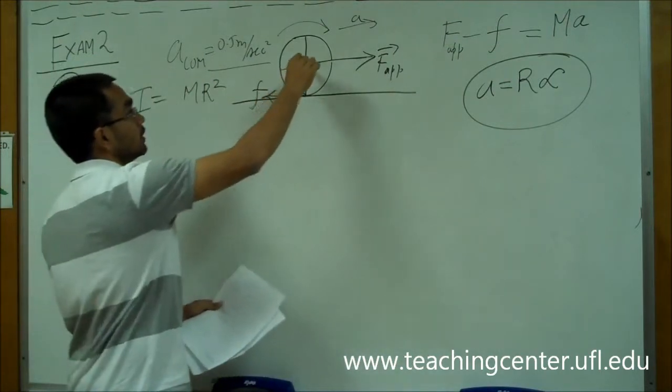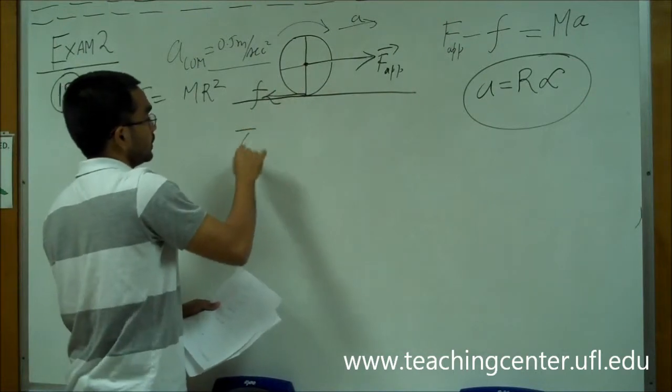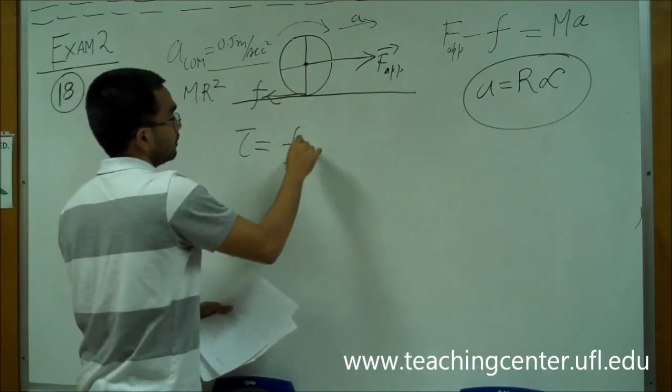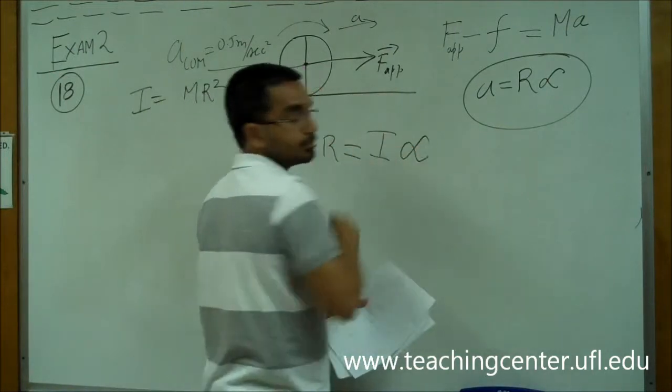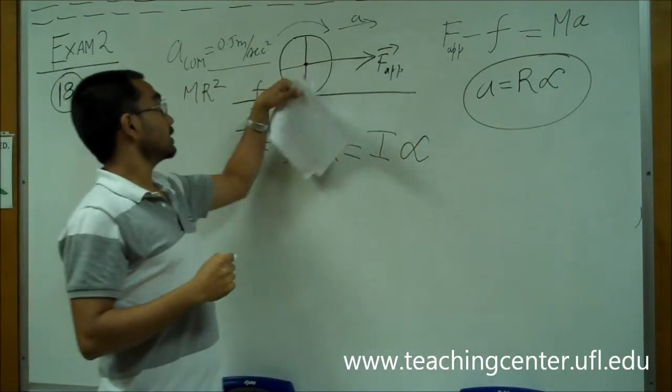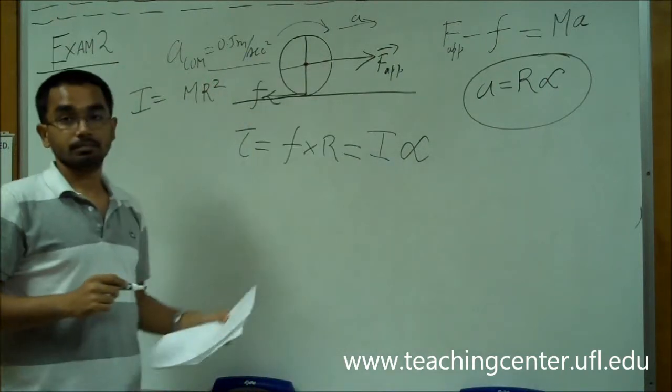What is the torque? Since this is the center of the axis of rotation, the torque equation is friction times R is equal to I alpha. The applied force contributes nothing to the torque. In fact, the torque is completely caused by the friction.